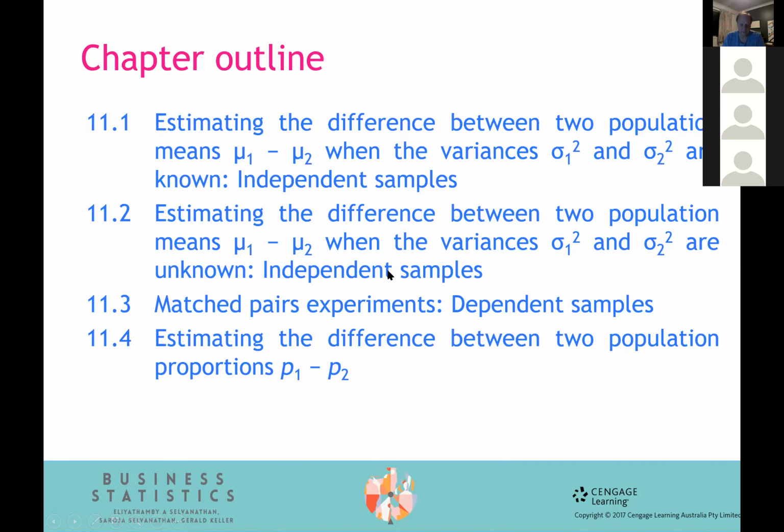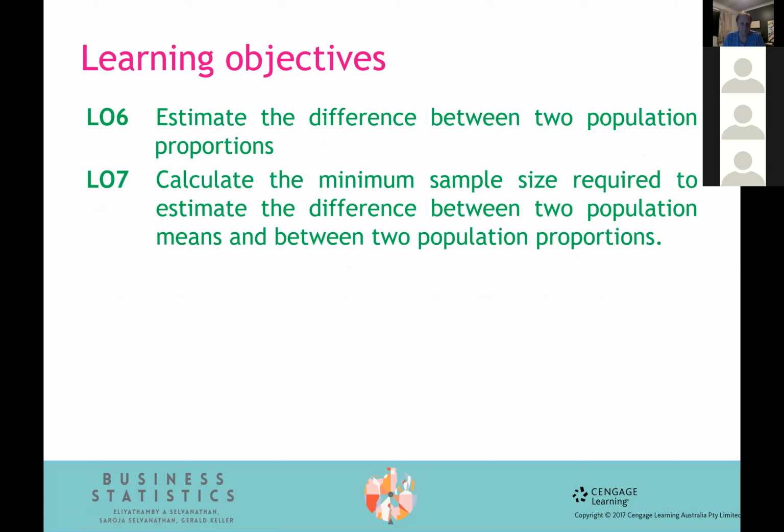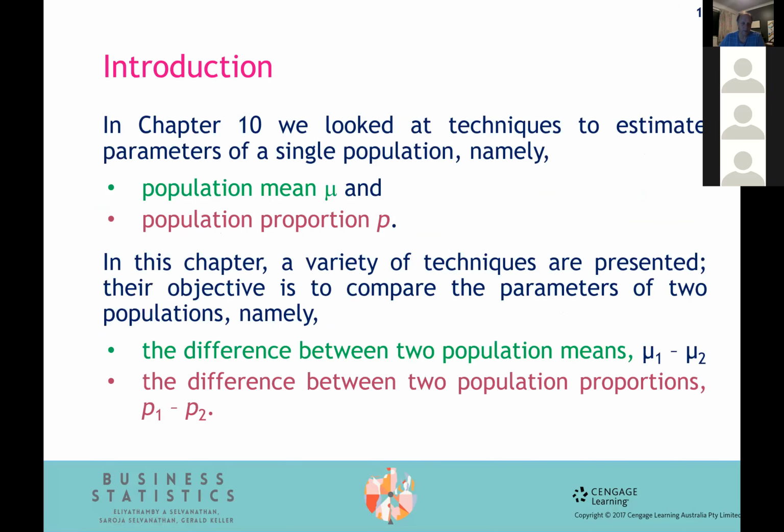Okay, let's look at an example problem. We're going to concentrate on the population mean and the difference between the 2 population means. That's what we're interested in. We're only going to look at it when the variance is unknown for the two populations.